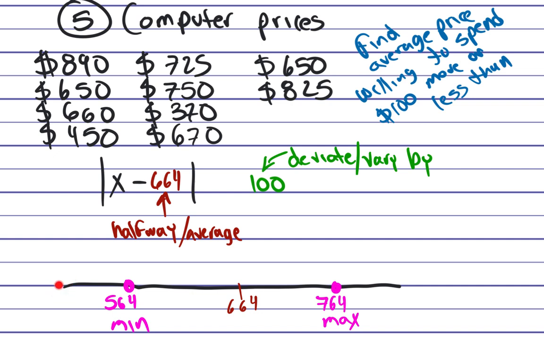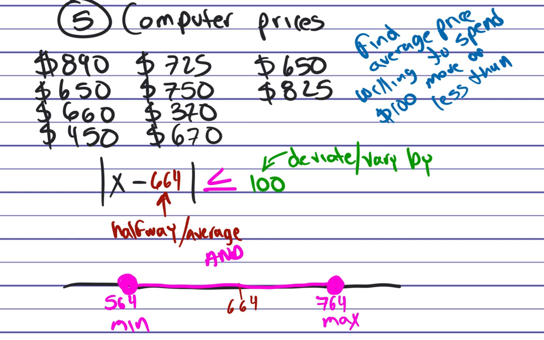No, because it's not within the $100 limit. I'm also not willing to spend 800 because it's not within the $100 limit. So because I'm only looking at everything that's between these two numbers, that looks like an AND graph. I'm going to do the lines that go like that and connect them. This looks like an AND problem. So I'm going to do a less than or equal to because I can spend the $100 more, the 764.